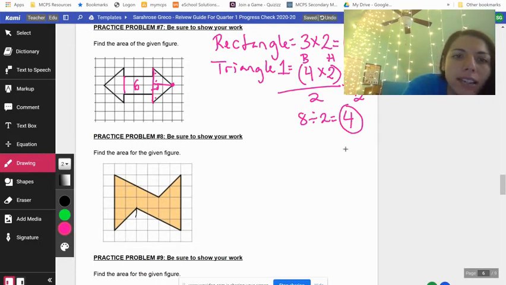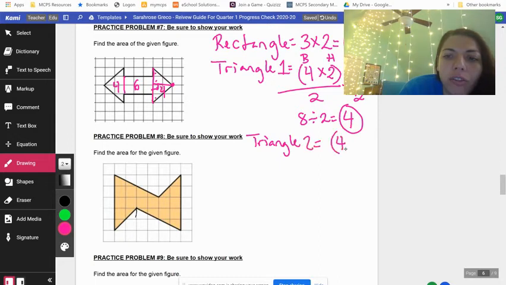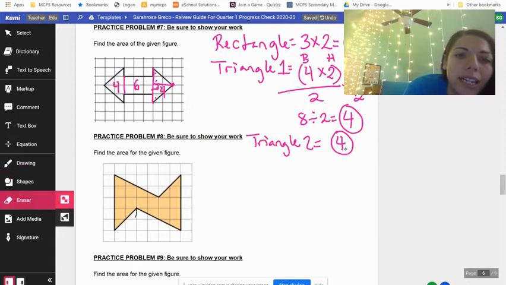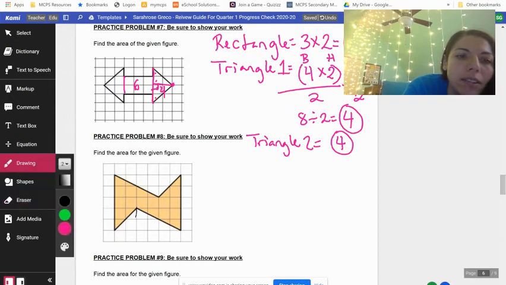And I'm going to guess that the other triangle is going to be the same. So triangle 2 is also 4. Triangle 2, the area is also 4 because they look completely identical, right? And I'll prove it to you. I don't even need to solve it because if you look here, my base is 1, 2, 3, 4, and my height is 1, 2.